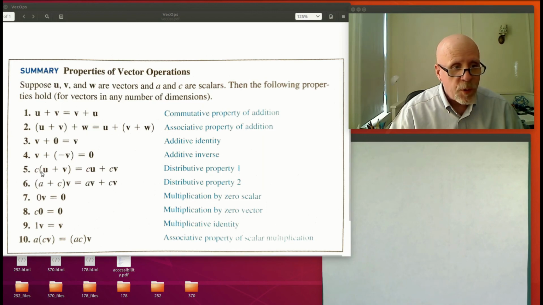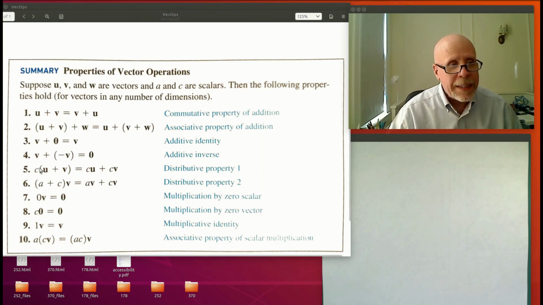This is a distributive property. If you have a scalar times a vector sum, you can put that scalar on each of the vectors and then add. It's also weird that you can distribute the vector scalar product across a sum that's amongst the scalars. So if you're adding two scalars and you multiply that times a v, it looks like you distributed the v.